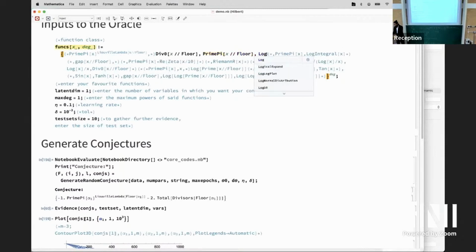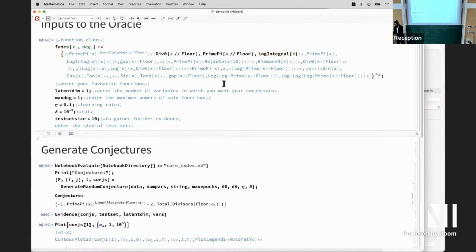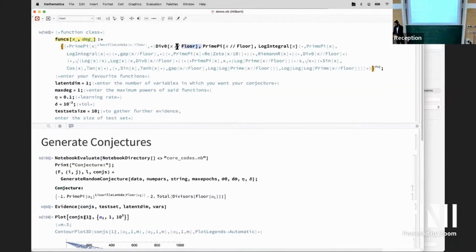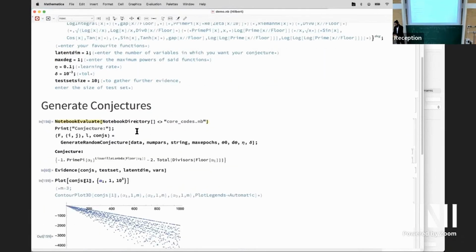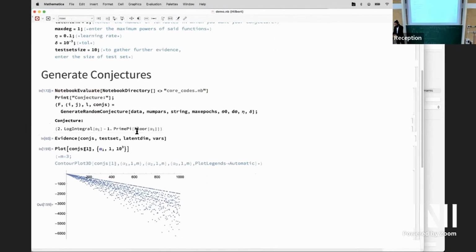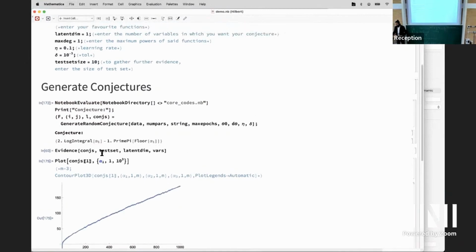Let's have the log integral and the prime counting function. Let's see if it can rediscover the prime number theorem. Kind of. It's off by a factor of 2.